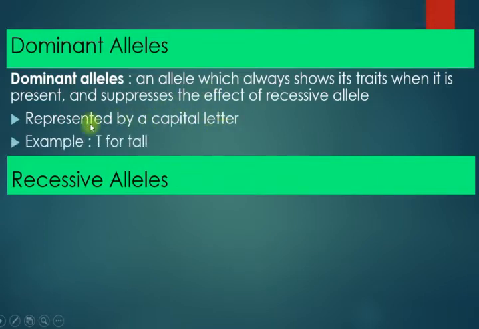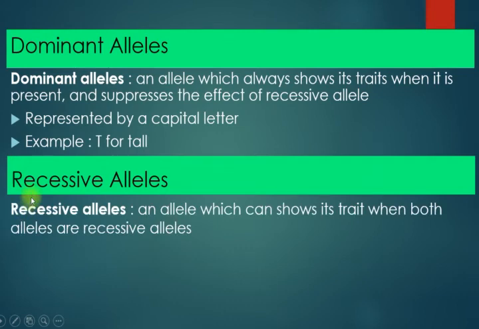For example, a big T, or capital letter T, represents the tall trait, and small t represents the dwarf trait.